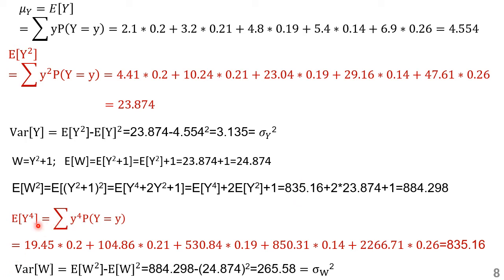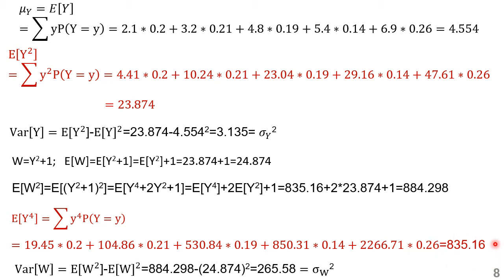Then we have to compute E of y to the power 4, because that needs to be substituted here. So E of y to the power 4 is given by y to the power 4 times probability of y equal to y. So this is 2.1 to the power 4, that is 19.45 into 0.2, 3.2 to the power 4, that is 104.86 into 0.21, 4.8 to the power 4, that is 530.84 into 0.19, 5.4 to the power 4, that is 850.31 into 0.14, 6.9 to the power 4, that is 2266.71 multiplied by 0.26.